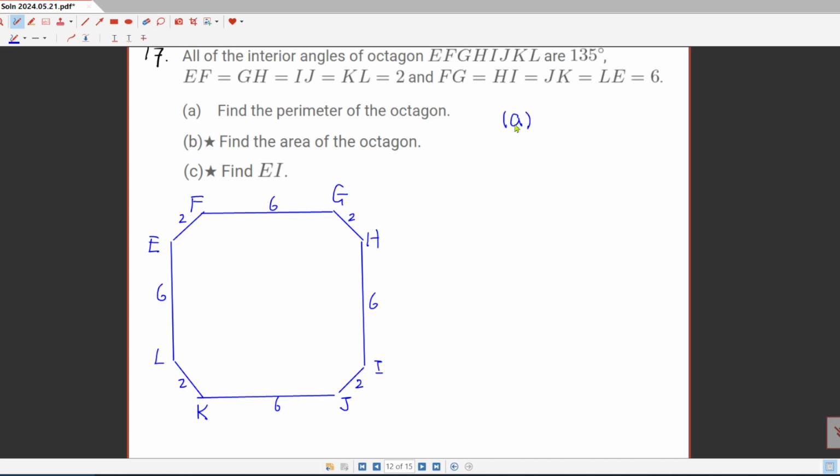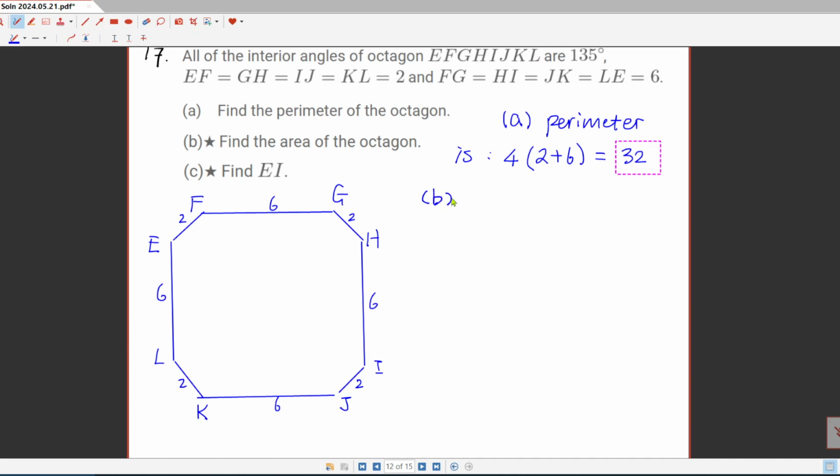Therefore, the perimeter is easy to find. So it's just 4 times 2 plus 6, right? Which gives us 32. That completes the first question.